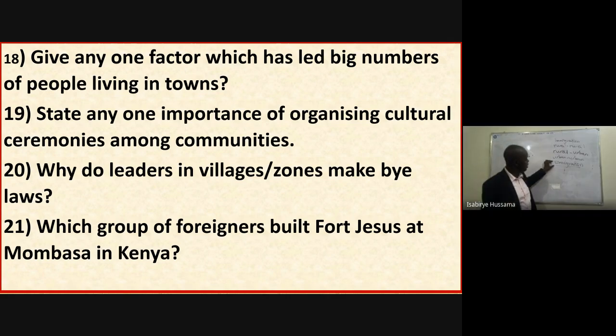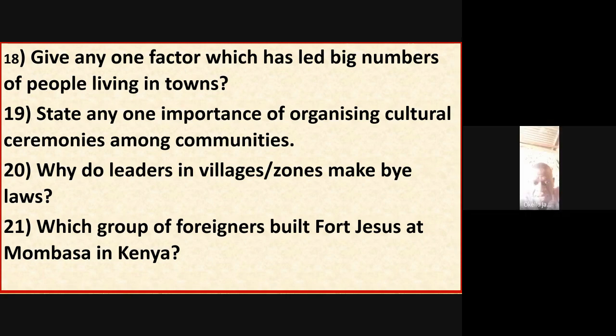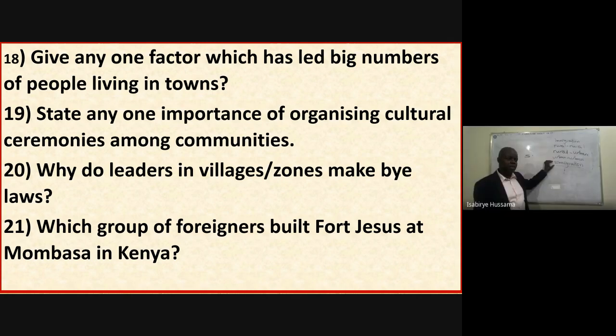How do you define emigration? That's the movement of people from one place to another to settle permanently in another area. To settle permanently in another area. Thank you for trying. That is with the E.